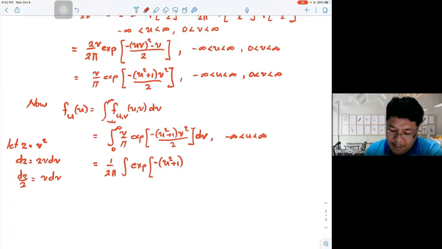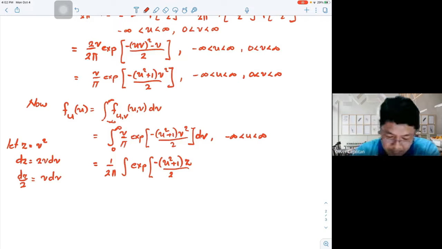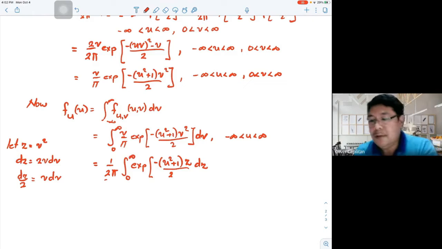Ang v square natin, that is z over 2. And then yung v dv natin, that is dz over 2. Nandito na yung 2 niya. Still, we have here from 0 to positive infinity.